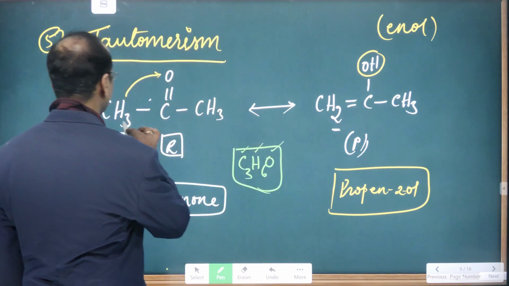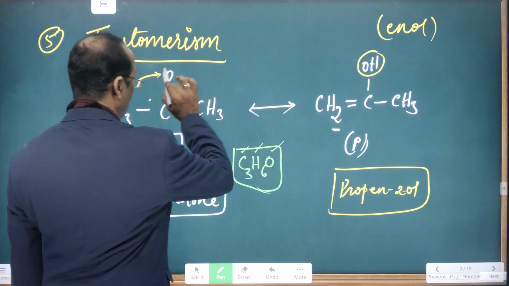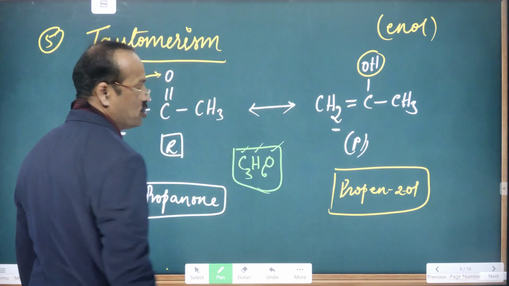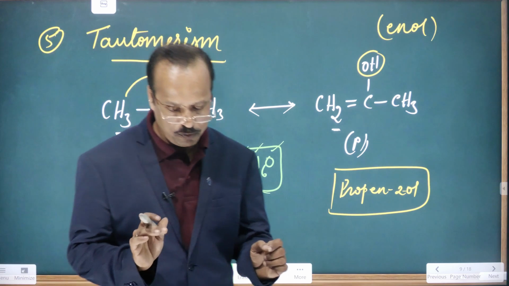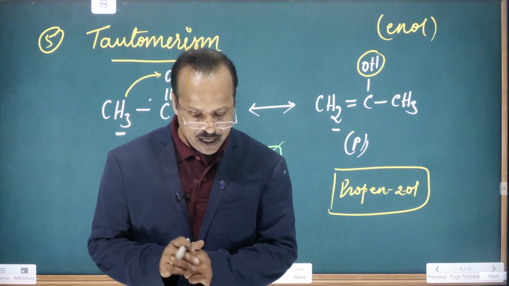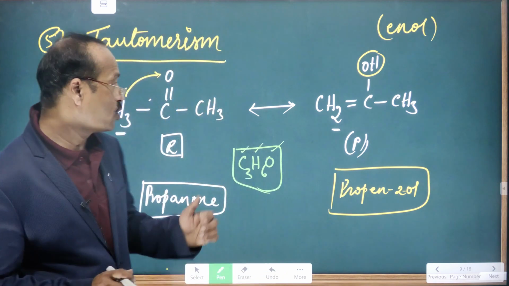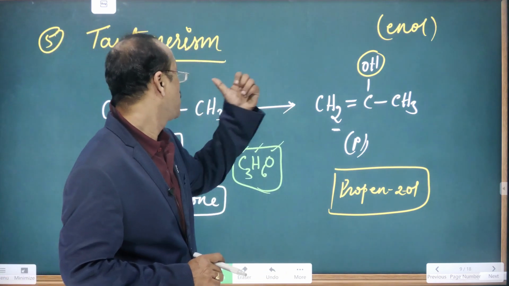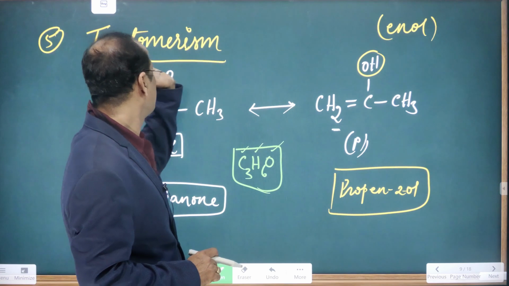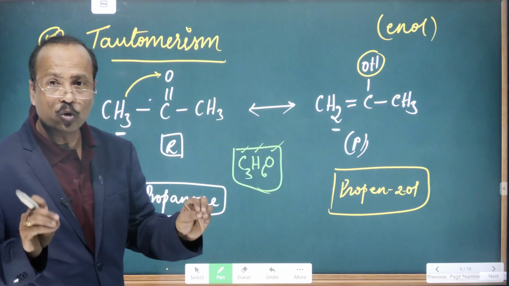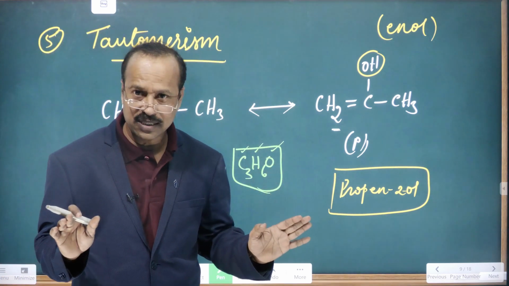See here 3 hydrogens, here 2 hydrogens, here no hydrogens, here 1 hydrogen. So there is a change in the position of the hydrogen, and these different structures are known as tautomers. These two are called tautomers, and this phenomenon is called tautomerism.